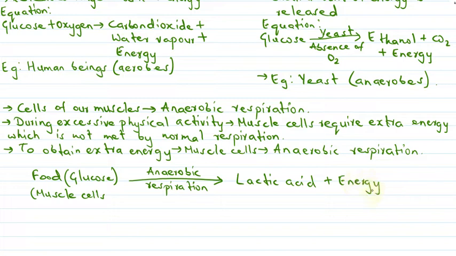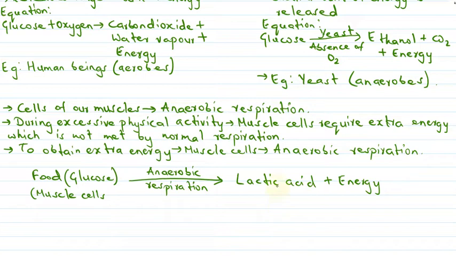So during excessive physical activity, to meet the extra energy requirement, as there is a lower amount of oxygen during those times, our muscle cells undergo anaerobic respiration, and this results in the formation of lactic acid in the muscles. Accumulation of lactic acid in the muscles often leads to muscle pain.